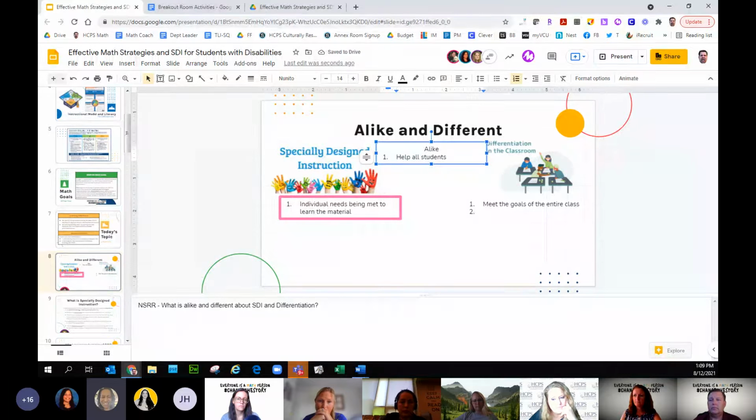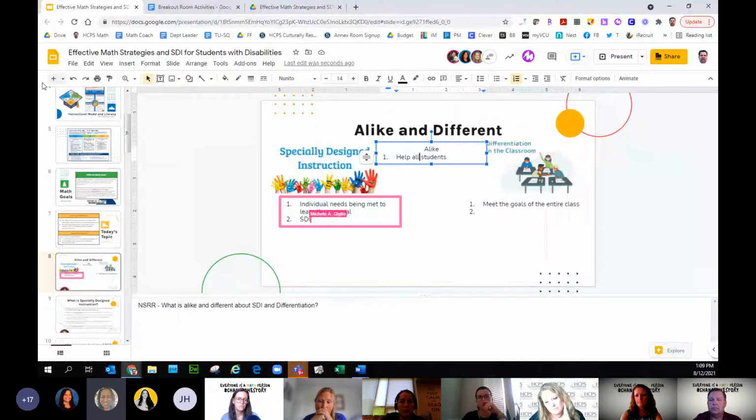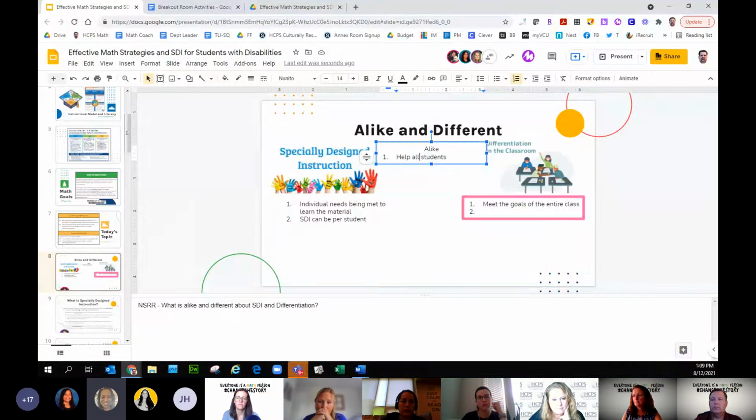But specially designed instruction is already tailored to the student and the student's individualized abilities. So if they have short-term memory issues, then their goal will be set and the instruction would be set to meet those deficits in the student.